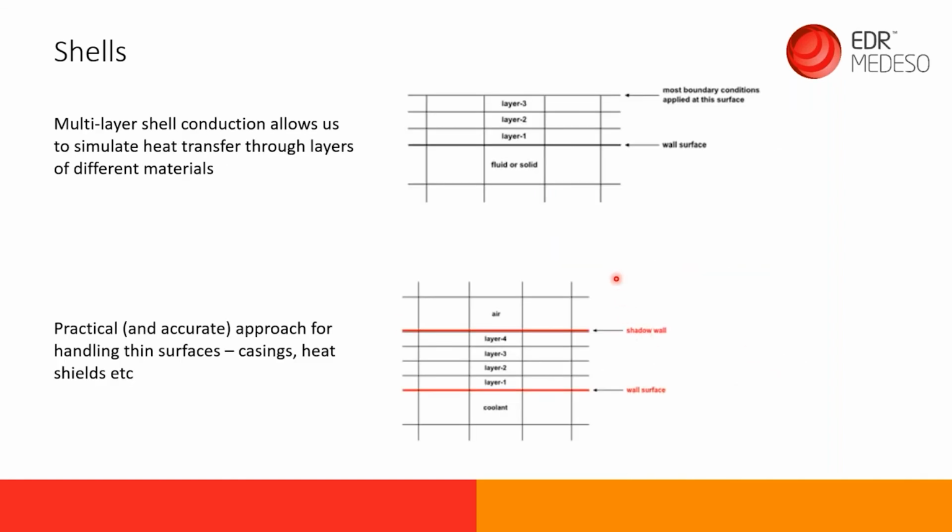So just to illustrate that a little bit more, we're creating a number of layers that don't exist physically as such, but they're just there in terms of the computation. And what's great about that is that you can quickly model thin coatings, multiple different coatings, in a very efficient way. And you can see you have numerous layers with numerous different properties.